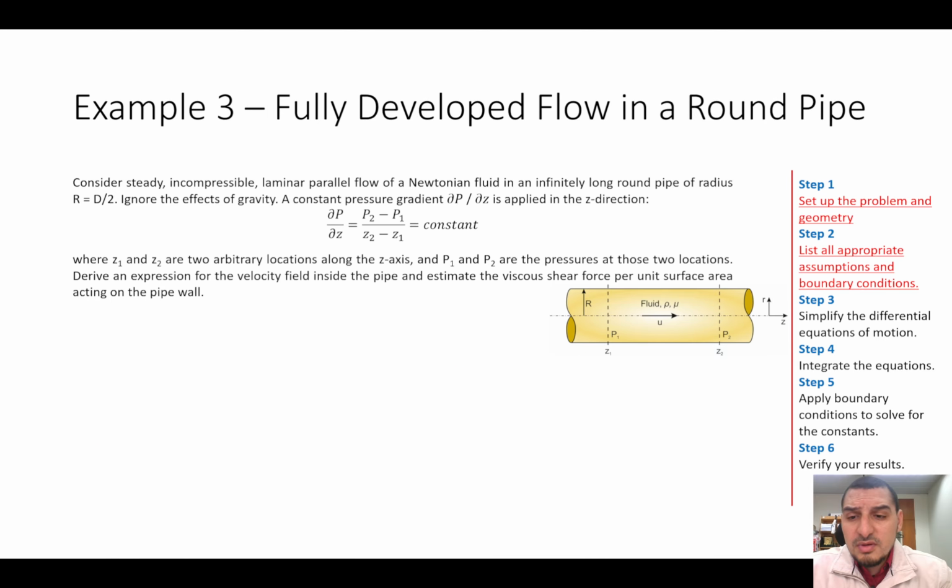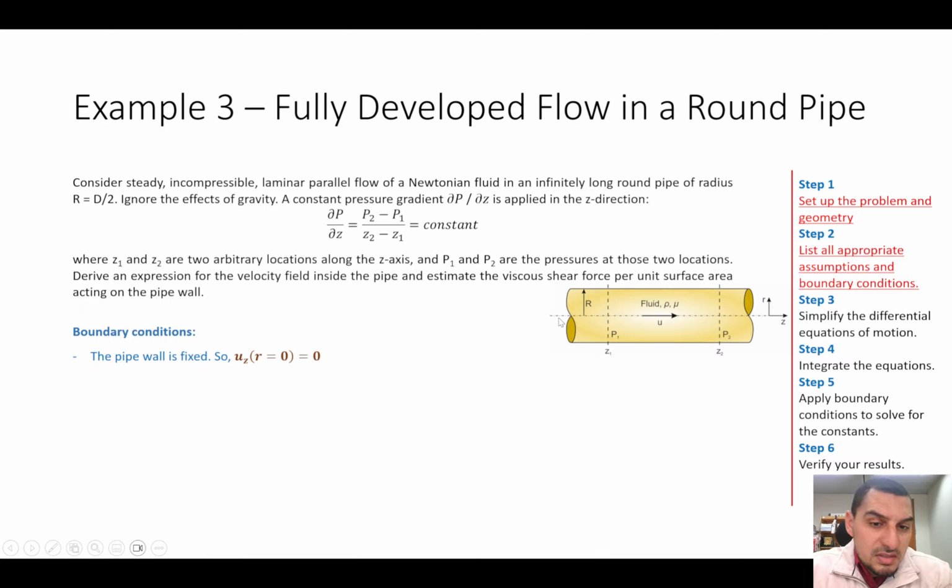Now let's go to the boundary conditions. We have two boundary conditions here. One of them relates to the inner walls of the pipe. The fluid is in contact with the inner walls of the pipe. The pipe is stationary, so the velocity at r equals r0 is 0, so uz at r equals r0 is 0.